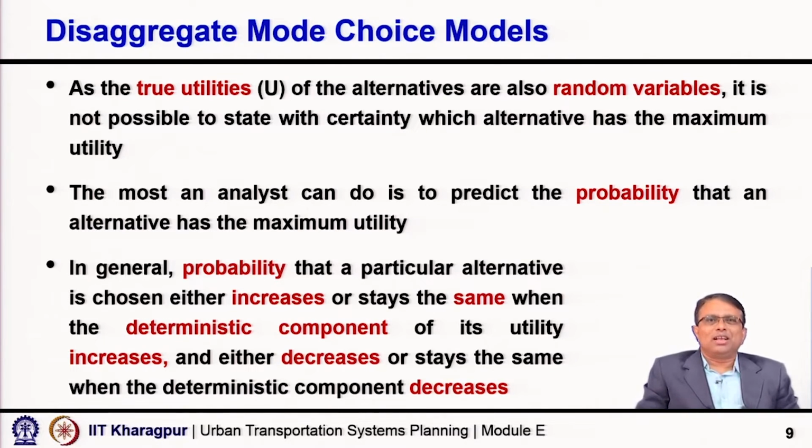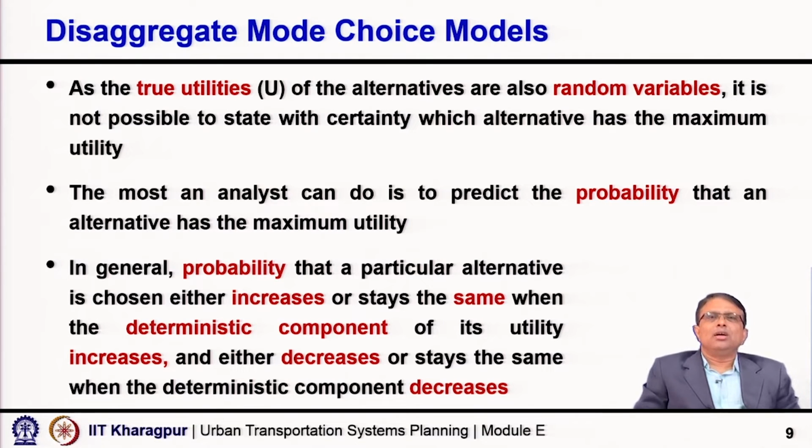So, in general, what we can say at best is the probability that an alternative has the maximum utility. I know the deterministic component of the utility, and based on that I can say what is the probability that alternative 1 is going to be the maximum utility alternative.